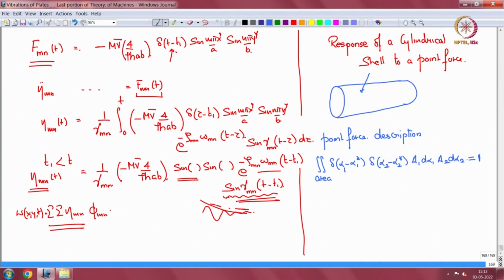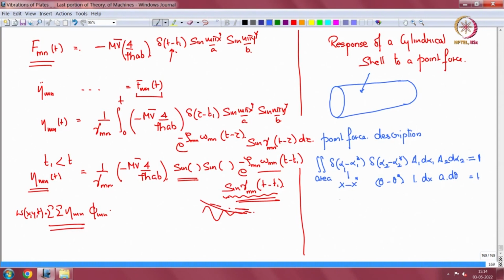Okay. So now if we have a cylinder where this is x minus some x star, this will be theta minus theta star, and so a1 is 1, d alpha 1 is dx, a2 is a, d alpha 2 is d theta. Okay, that has to be equal to 1.